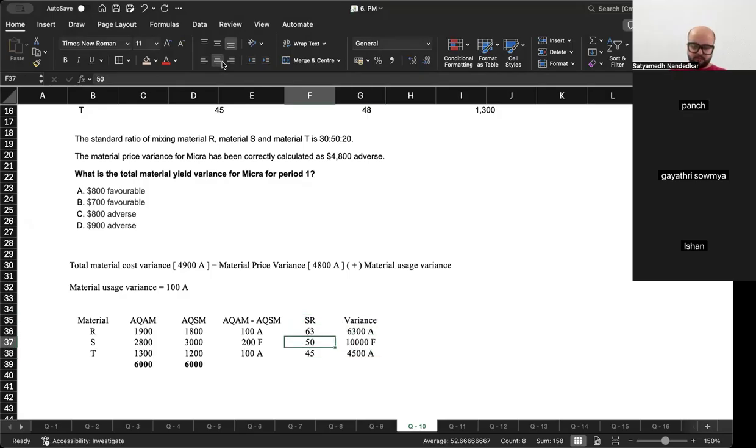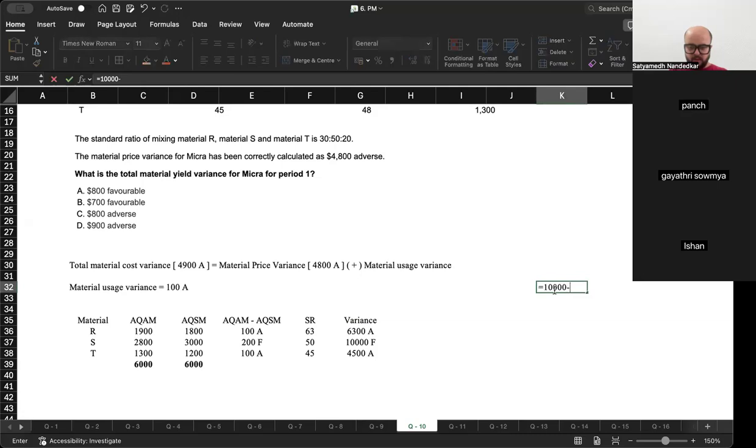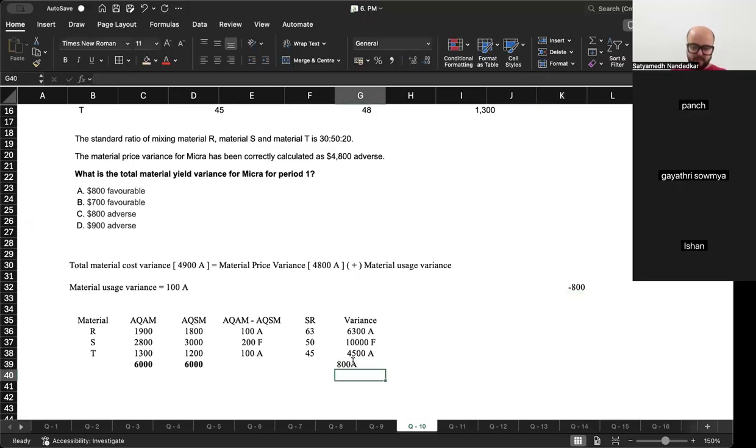What is the total? 10,000 minus 6300 minus 4500, it will be 800 adverse. Are you with me, all of you? Yes, sir.